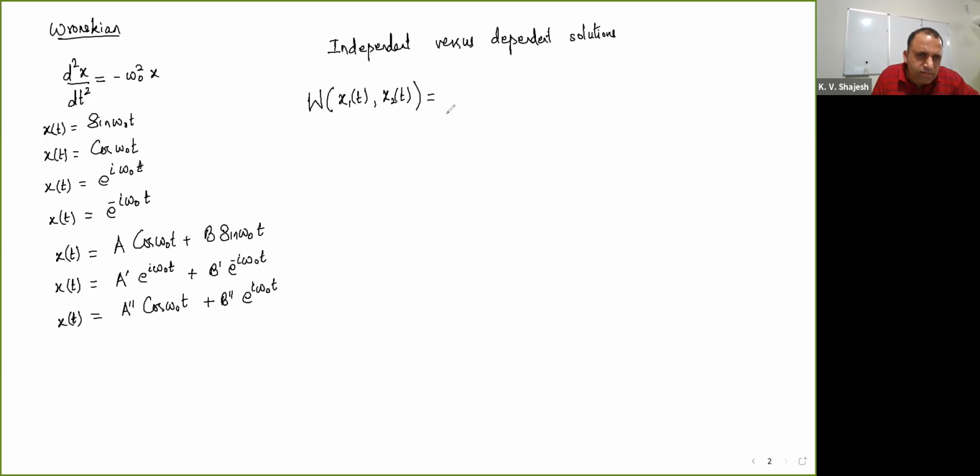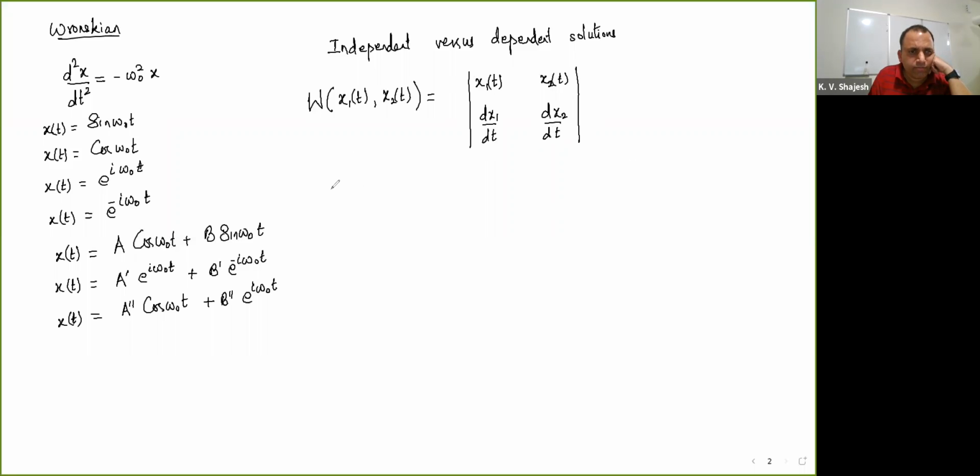It is defined as the determinant of the matrix where the first row is x1 of t and x2 of t, and the second row is the derivative of the x1 of t and the x2 of t. That's the definition of the Wronskian.